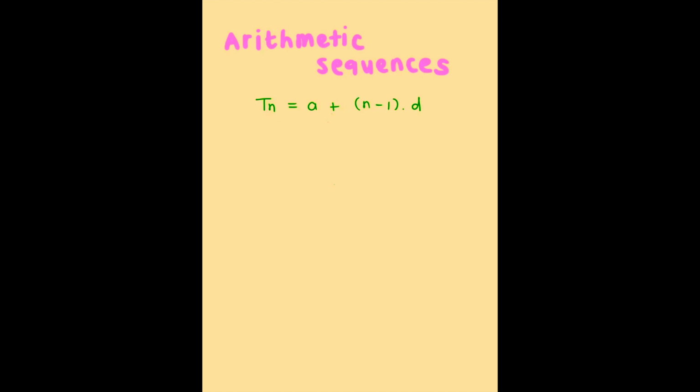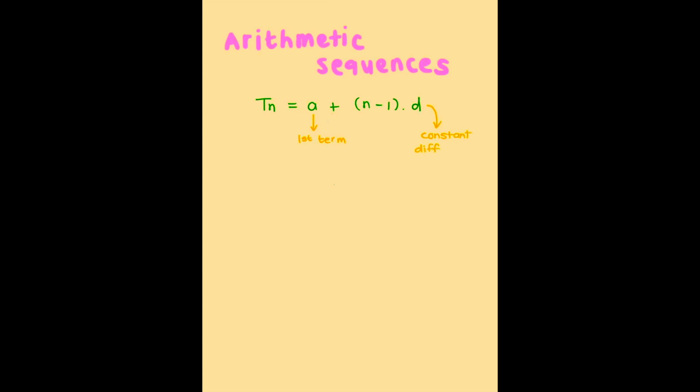So let's just write down what all these different letters mean in this nth term. The letter A represents the first term in the pattern or the first term in the sequence. The letter D is super important. We call this the constant difference.